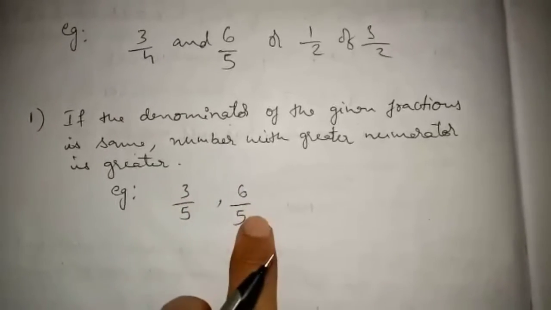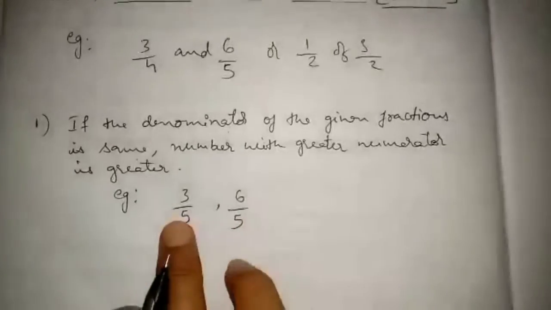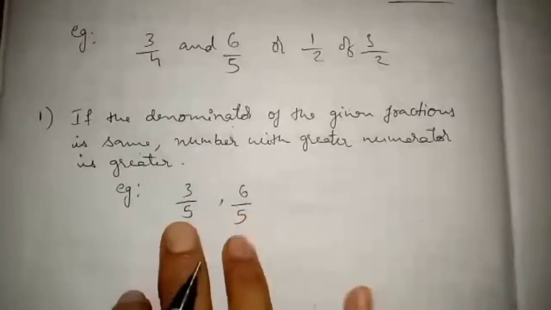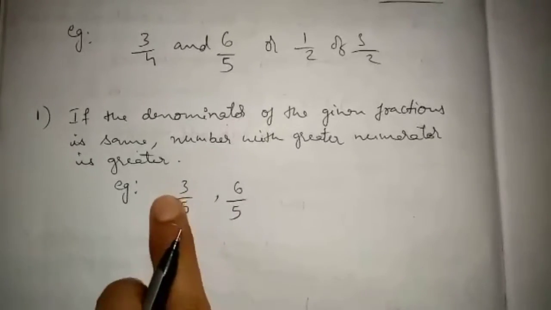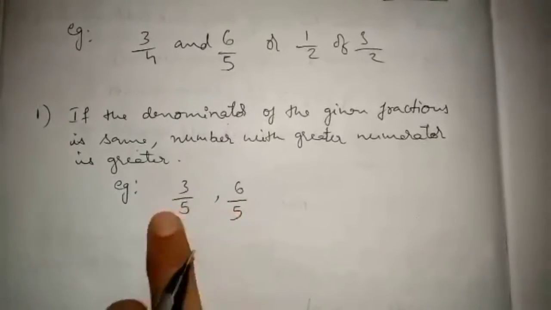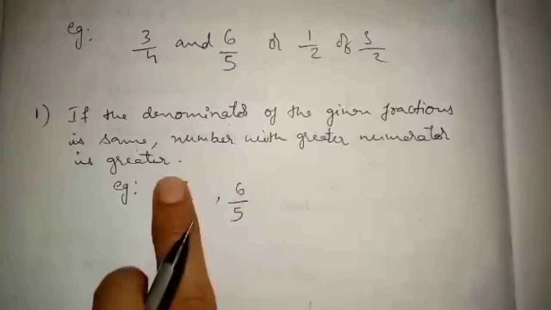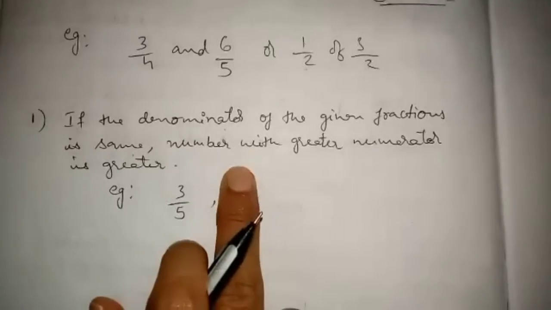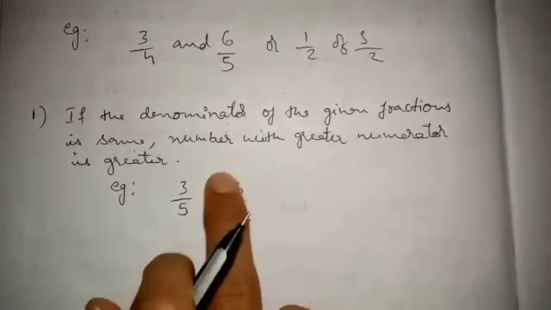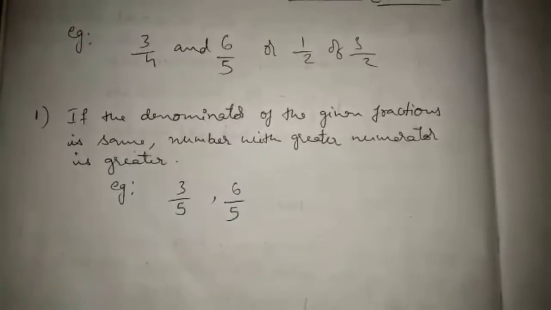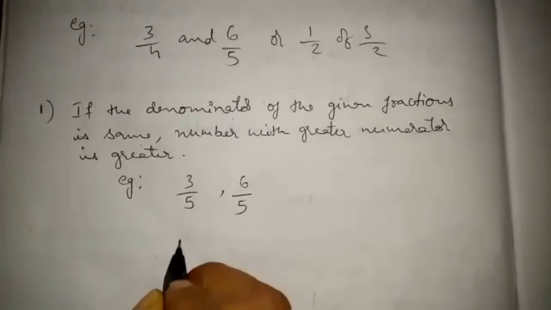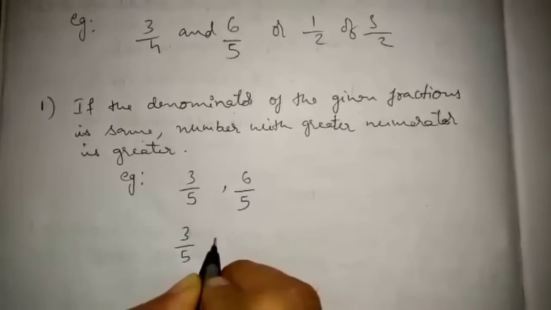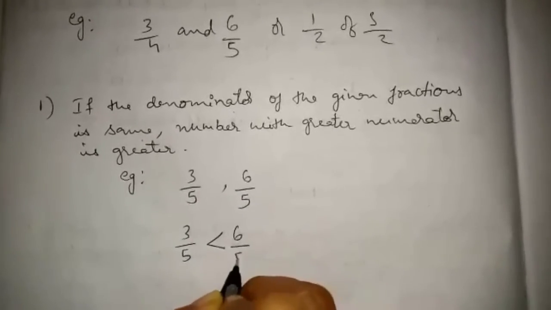If you have the denominator same, then you have to see in the numerator which is the greater number, 3 or 6. 6 is the greater number, no? So 6 by 5 becomes the greater fraction. So here 3 by 5 is smaller than 6 by 5.